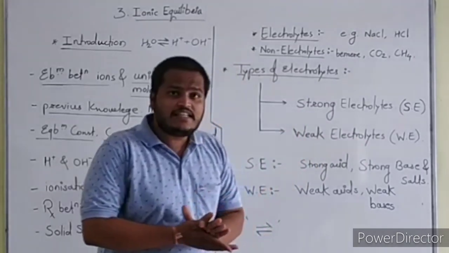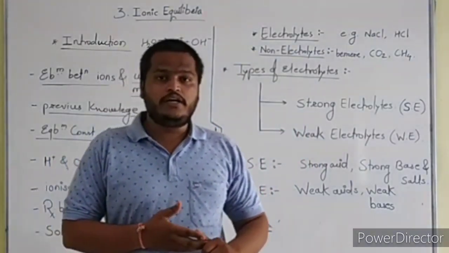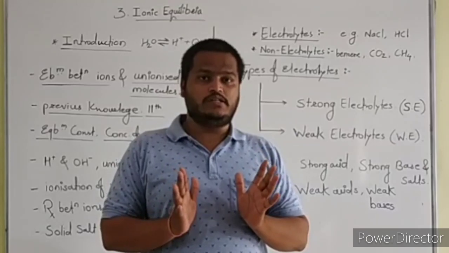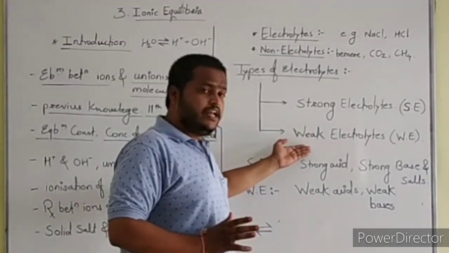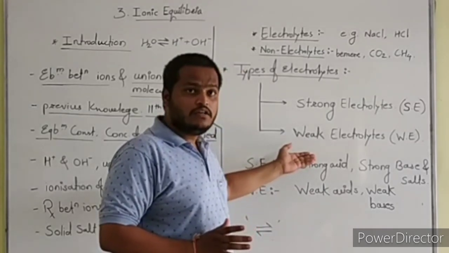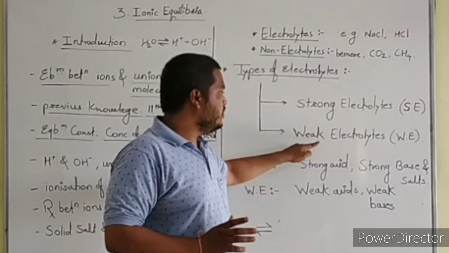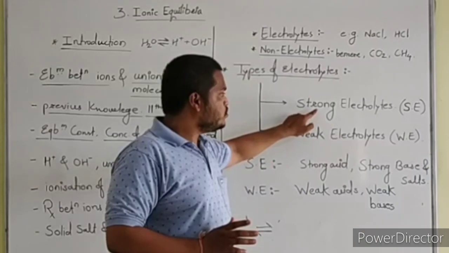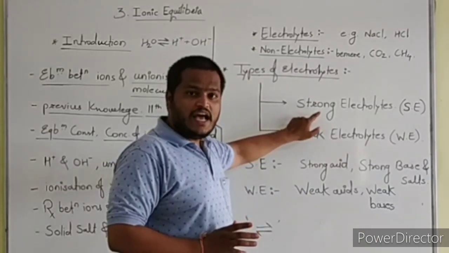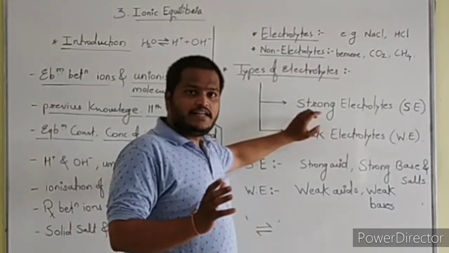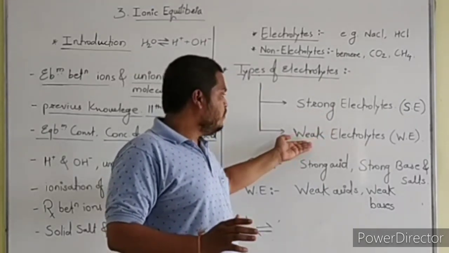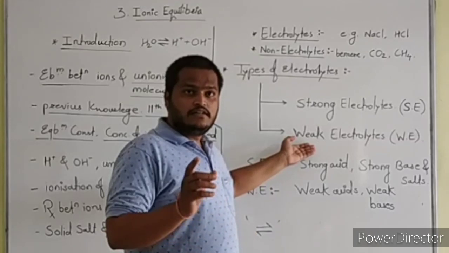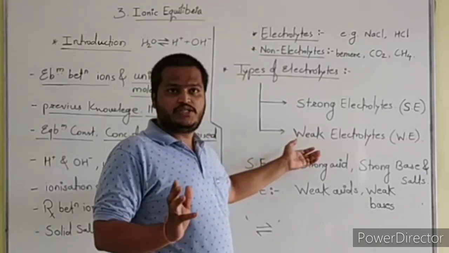Strong electrolytes are the substances which undergo complete dissociation in water, and weak electrolytes do not undergo complete dissociation. Examples of strong electrolytes are acids such as HCl, HNO3, H2SO4, and for weak electrolyte, acetic acid, CH3COOH.